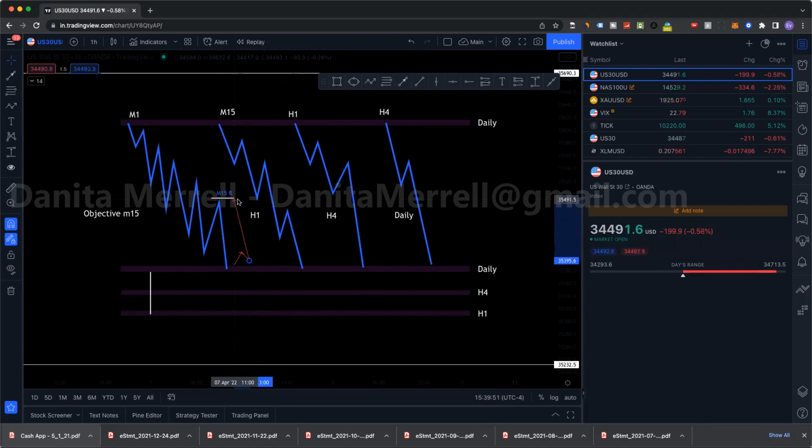If we already tapped into the M15 and it came back, you don't want to be buying this low off M1 anymore. Okay, you don't want to be doing that because your M15 is showing you, hey, we're rejecting and we're going down. Okay, it doesn't want to go past the M15. Now, let's say price actually broke the M15 before hitting our H1, H1 over here, right?